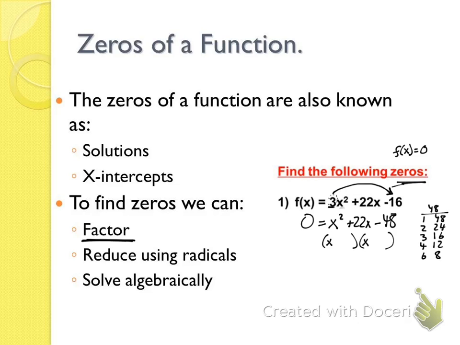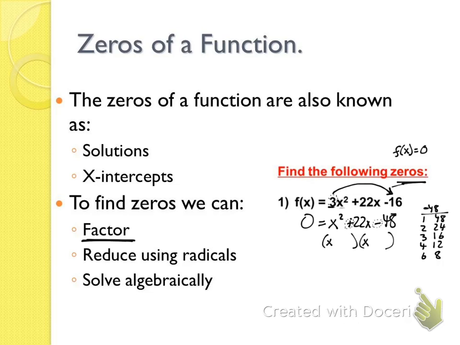Now I'm going to look at this right here. That minus 48 tells me that I need a negative 48. To get a negative 48, one has to be positive, one has to be negative. Well, rather than just trying all the different combinations, I'm going to look at the middle sign now.